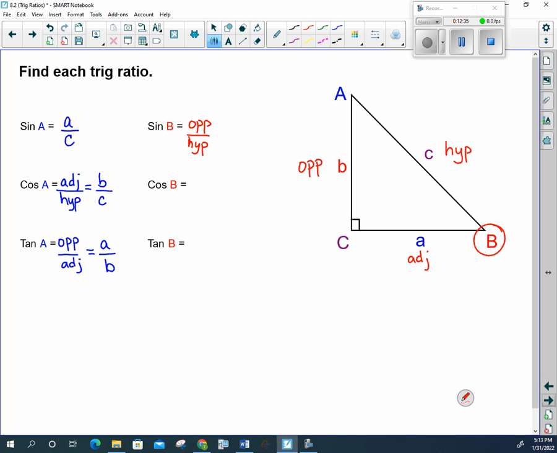So that's going to be lowercase b over C. And then cosine B, I won't write these ones out since I wrote them on the letter A. Cosine B is adjacent over hypotenuse, so that's going to be A over C. And tangent of B is going to be opposite over adjacent, so that's going to be B over A. So there's our ratios.